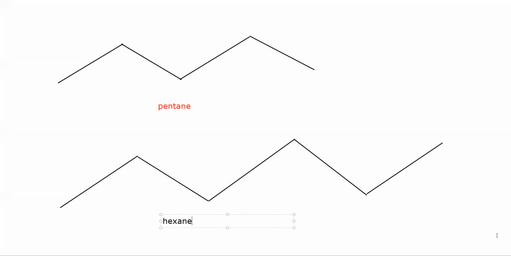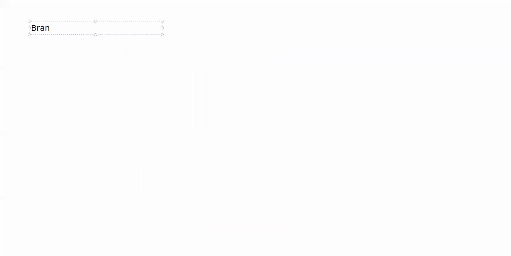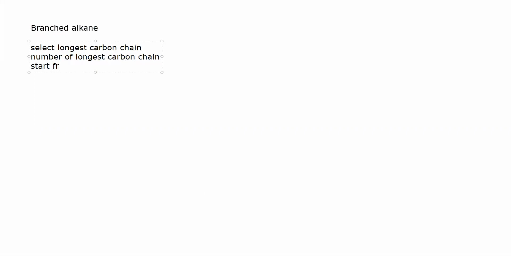But for branched alkanes, the rule is: select the longest carbon chain. The numbering on the carbon chain starts from the nearest branch.